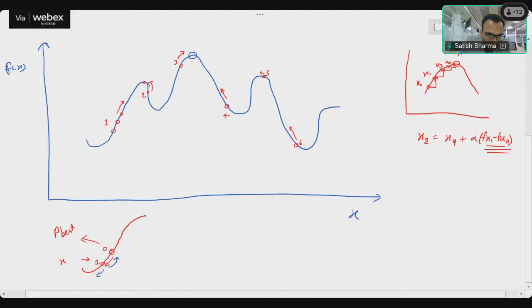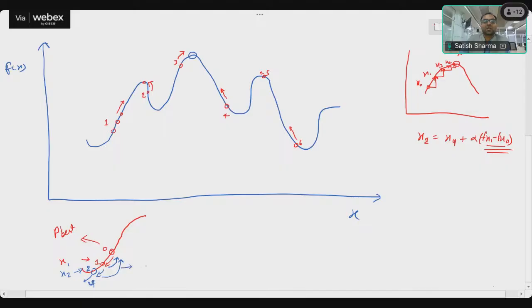Maybe the next point moves to this particular point. So let's say this is the second point, and this becomes the next current position. Still, the initial velocity, or the inertia of the velocity, will try to move it to the downside. But now the personal best is still 0, so this point will try to move in this particular direction.